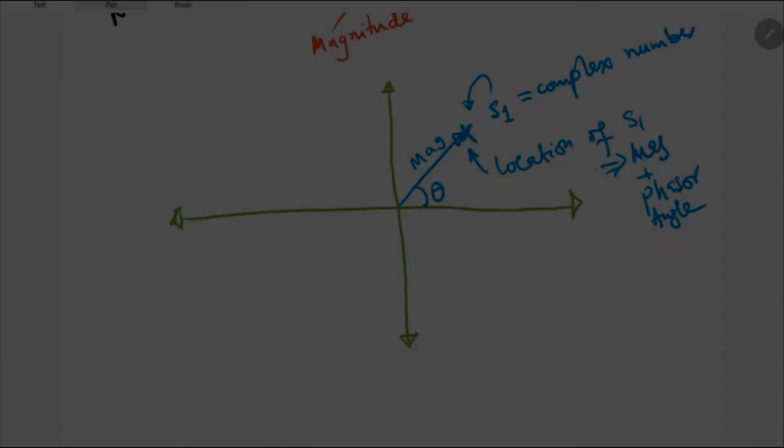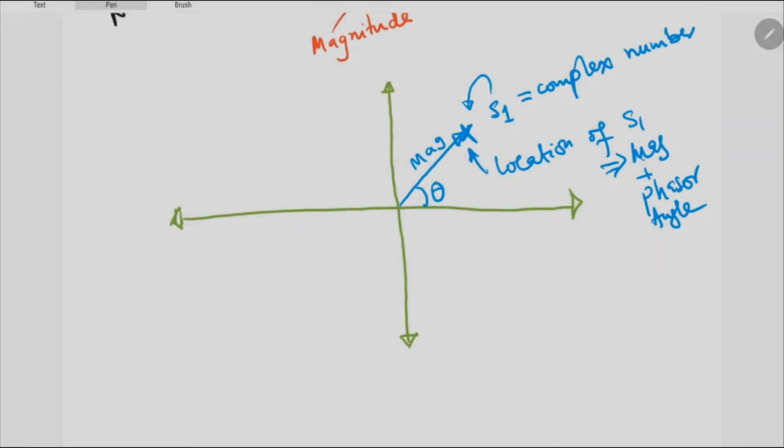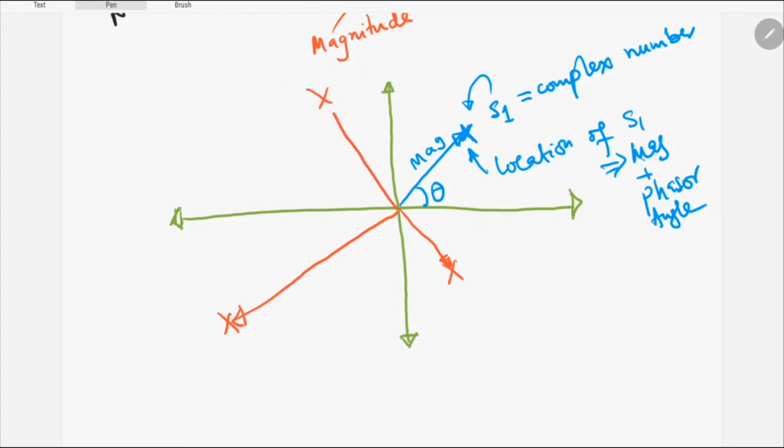With the knowledge of magnitude and the phasor, we can now locate any point in this plane, right? Let's say if it is here, we can do this. If this point is here, we can do this.